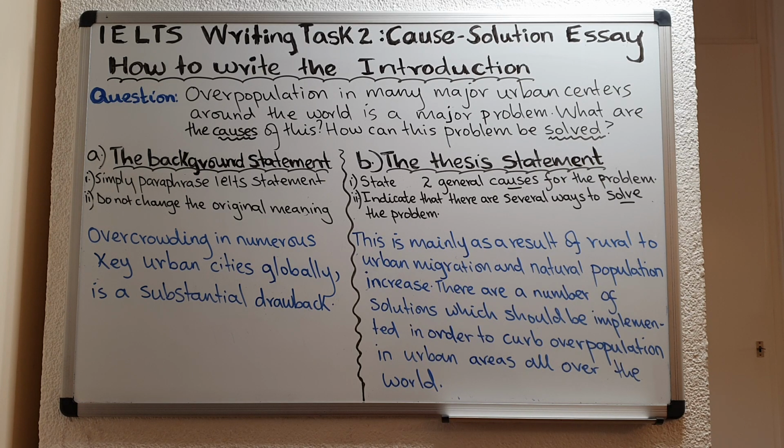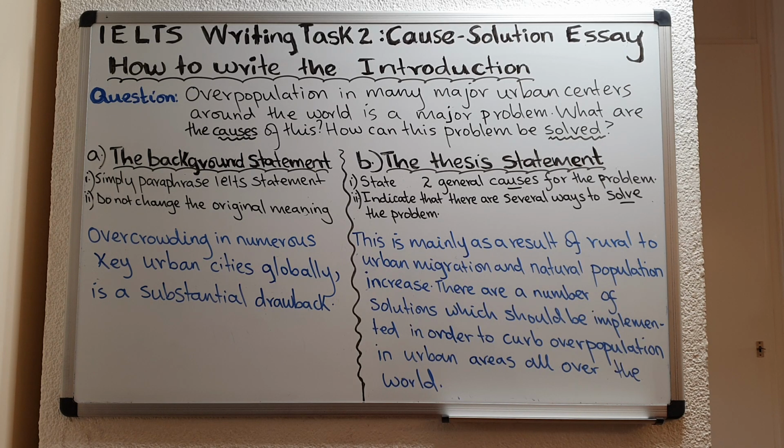So I am answering IELTS question, what are the causes of overpopulation in major urban centers all over the world? What is the cause of that problem? What has led to the problem of overpopulation in major urban centers all over the world?